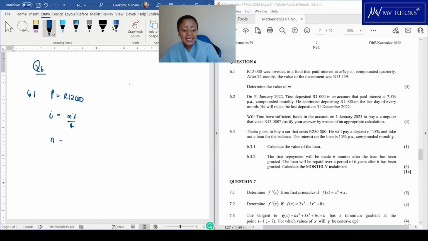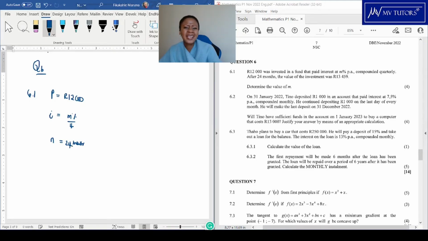Our n is 12 months, right? But they said quarterly. 24 months. Why am I saying 12 months? 24 months is 2 years. So if we take those 2 years, we divide it into quarters.